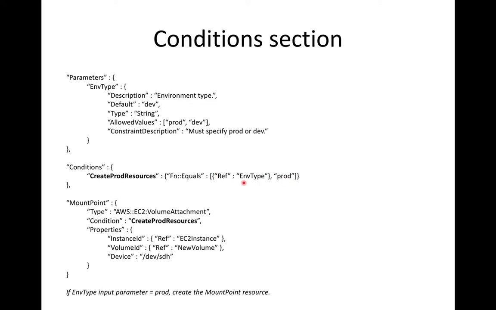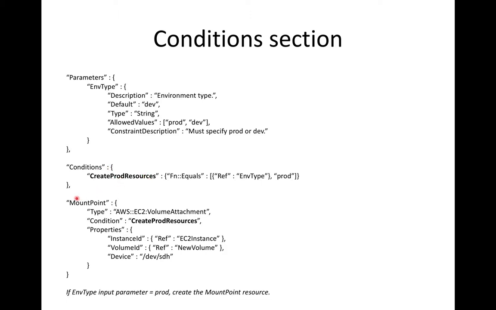If the environment type, that input parameter value, is prod, then the CreateProdResources condition is true. Otherwise, if the value of the EnvType input parameter is dev, then the CreateProdResources condition will evaluate to false.